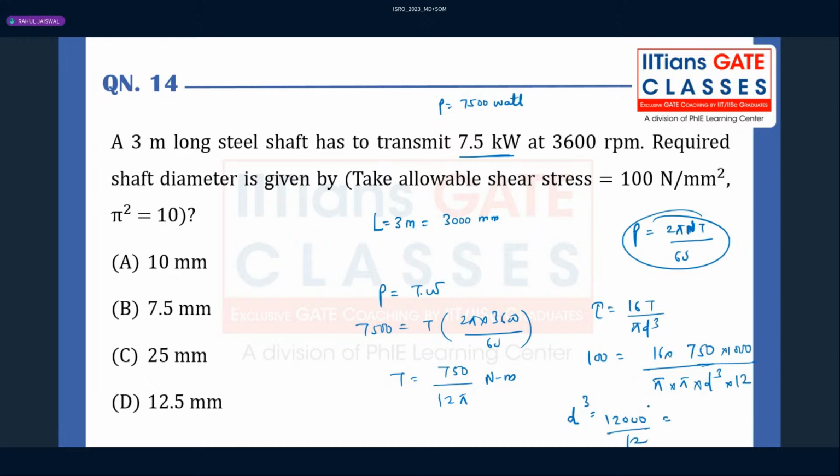So 12,000 divided by 12, you will get 1000. Now can you calculate the cube root of 1000? That is very simple. Diameter you will get straight away 10 mm. d cube is 1000, so d will be 10 mm.